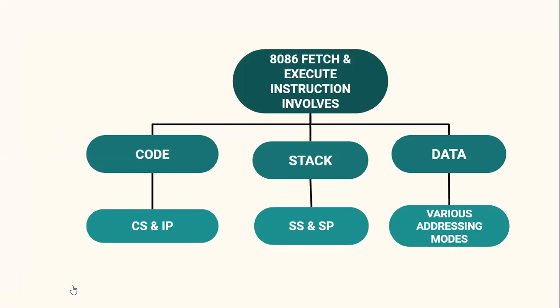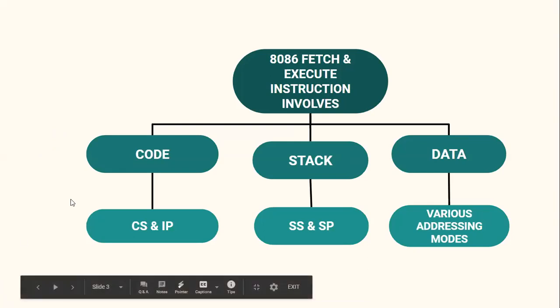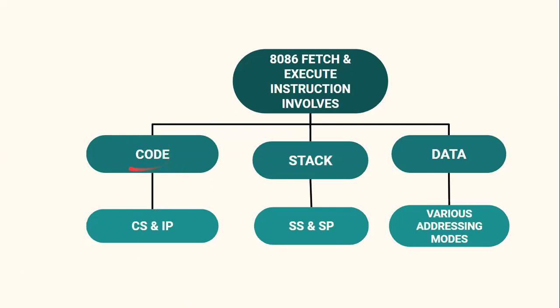Now the normal procedure for 8086 execution is fetching the instruction, decoding the instruction, and then executing that instruction. For all these purposes, first of all, the instructions, that means the code, are required. To fetch that code, its address is required, which we get through the stack.